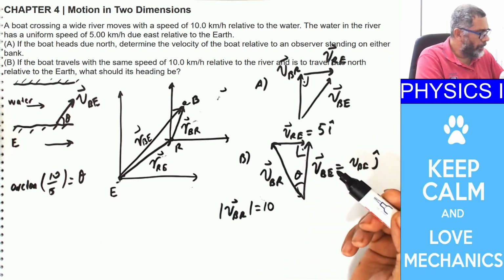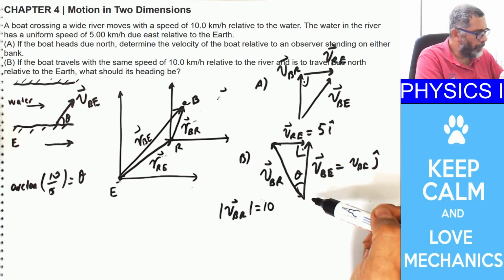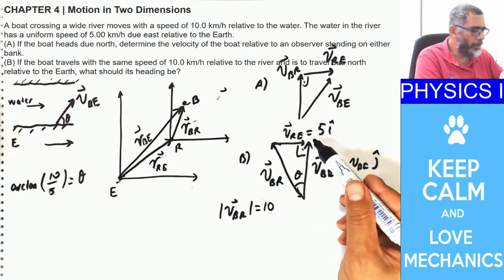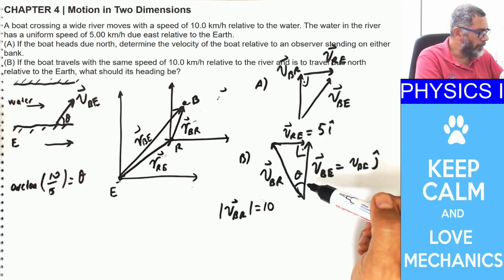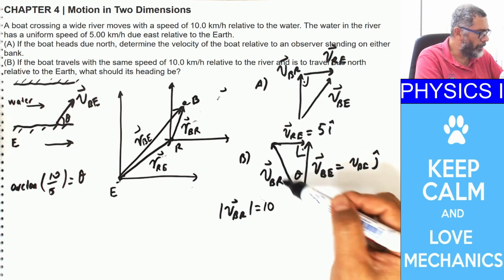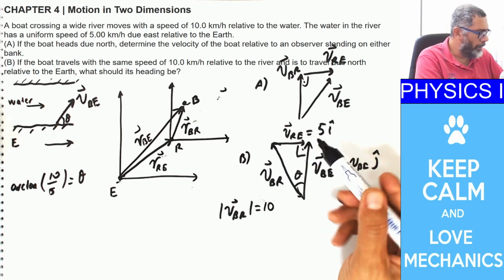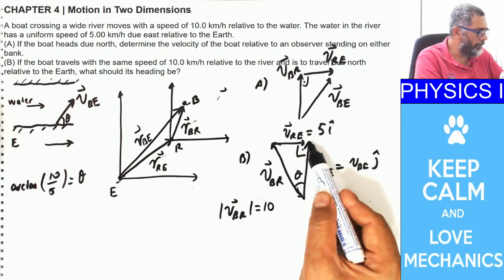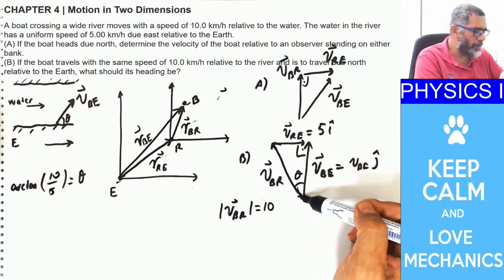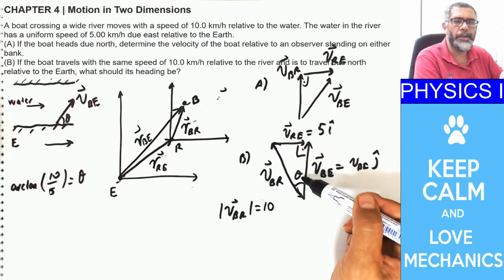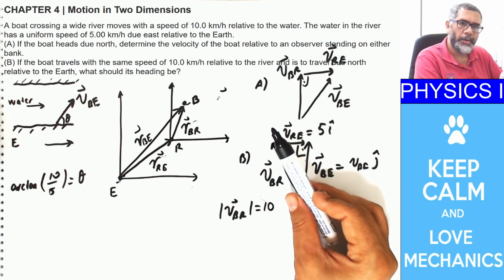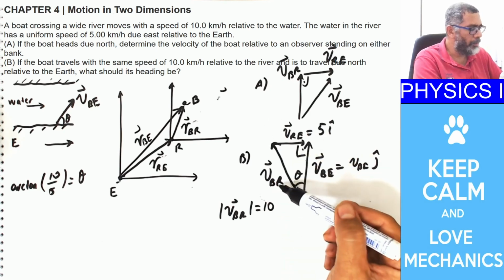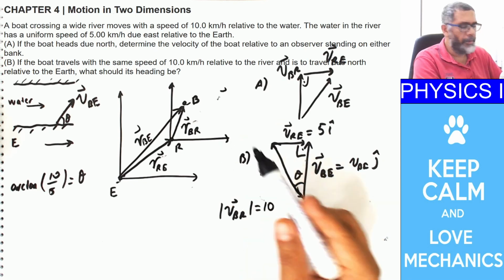Since all these velocity vectors geometrically look like this, these three vectors are just forming a right triangle, and we know the magnitude of this side and of this side, so we can figure out what this angle is. The question is: what is going to be the direction of the boat's head relative to the river?